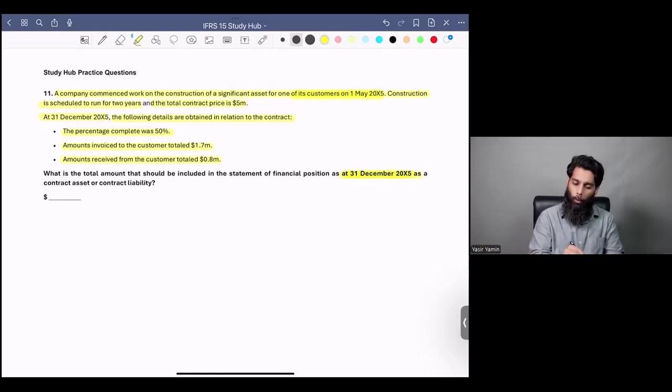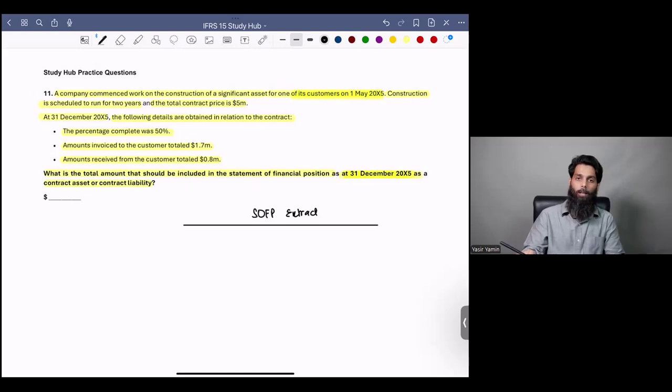Examiner is asking you what should be the total amount that should be included in SOFP as for contract asset or contract liability. In simple, your examiner wants you to make a SOFP extract and let us know if it's a contract asset or a contract liability.